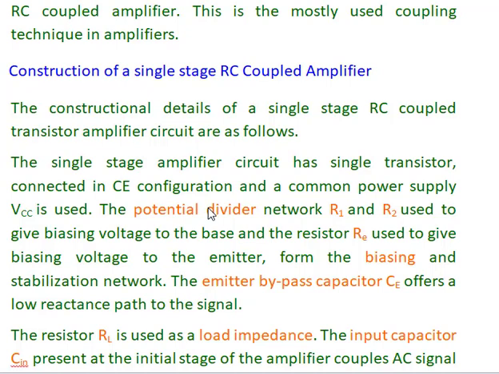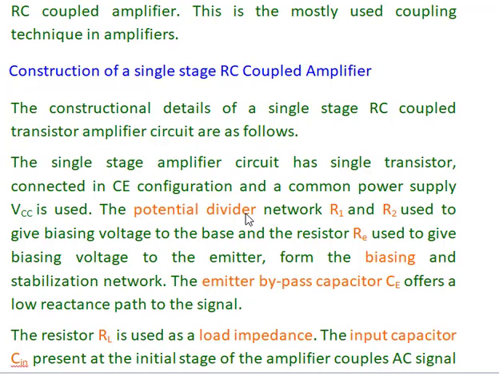What is a potential divider? A potential divider is nothing but a combination of resistors. The two resistors R1 and R2 are used to give the biasing voltage to the base. This is known as the potential divider resistor network.